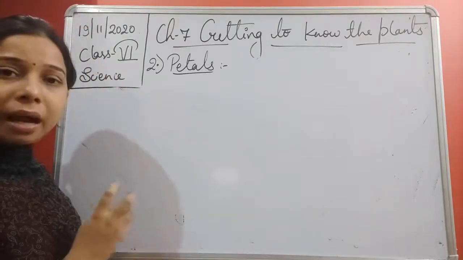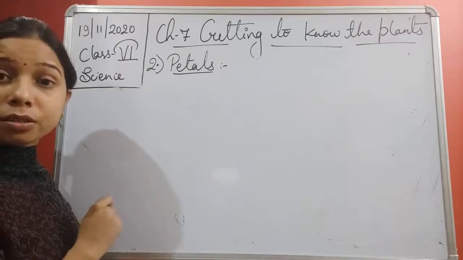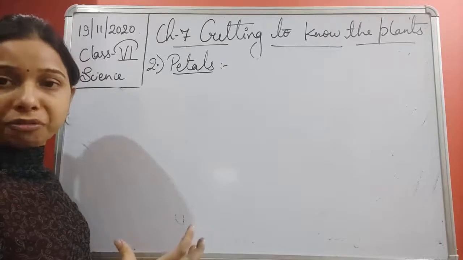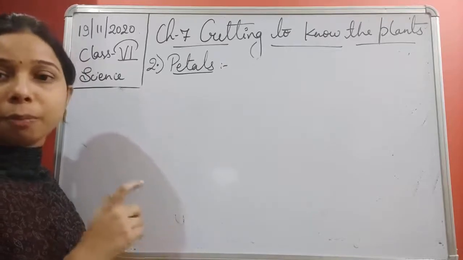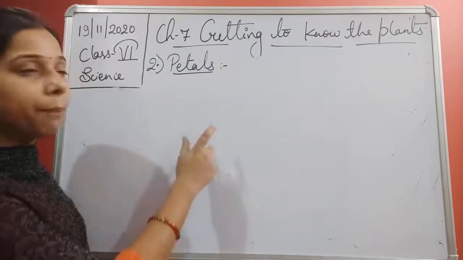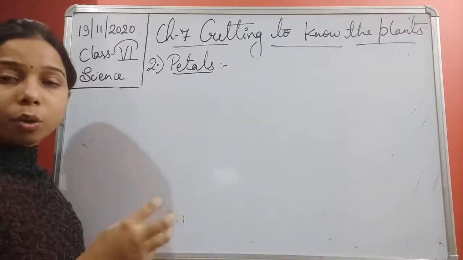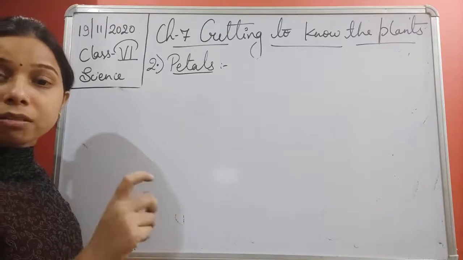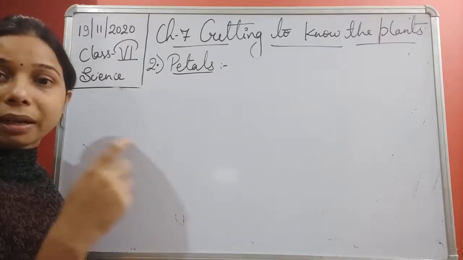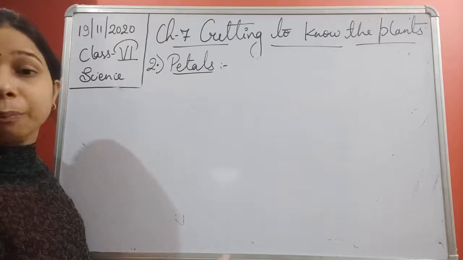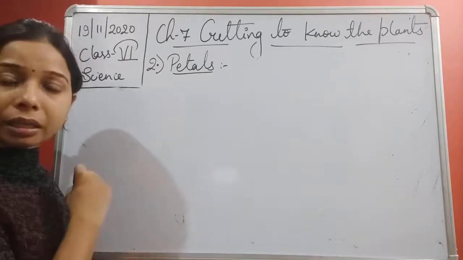How will you identify that these are the petals? You see the colorful part of the flower. That colorful part of the flower is known as the petals of the flower. You have seen that a rose is red because of the presence of the petals in it. That petal is red in color. If it is pink, then the petals are pink in color.